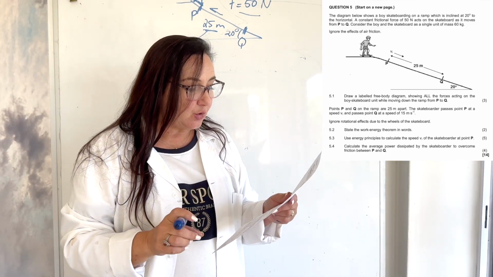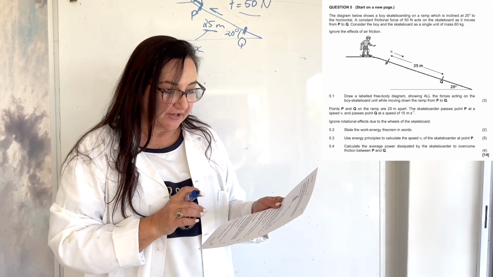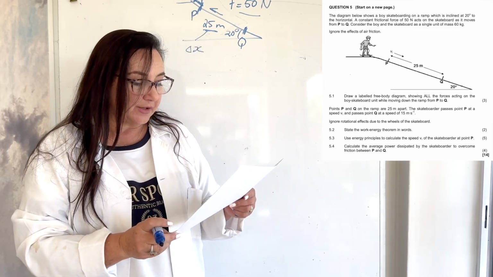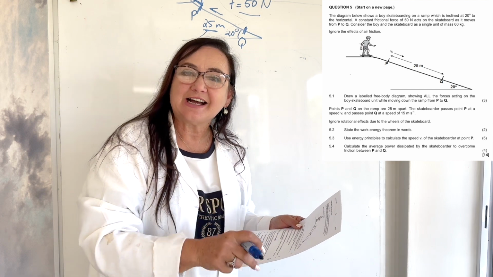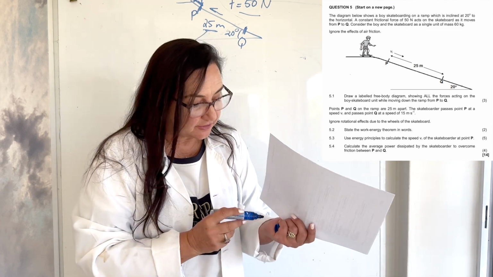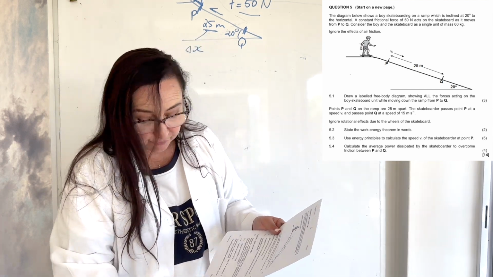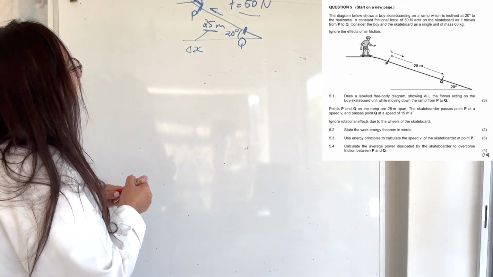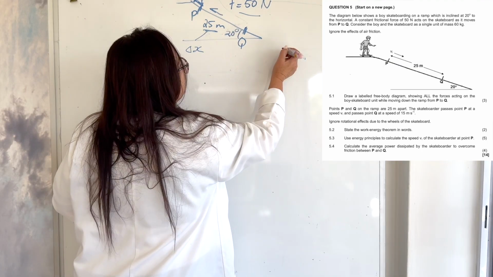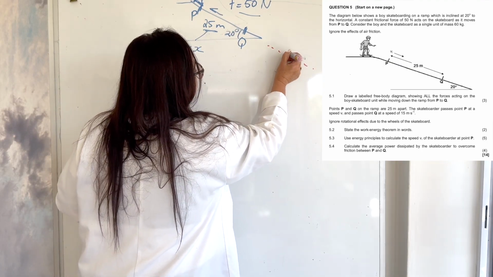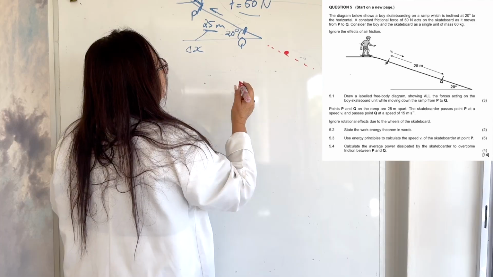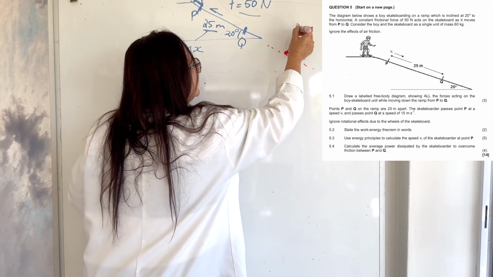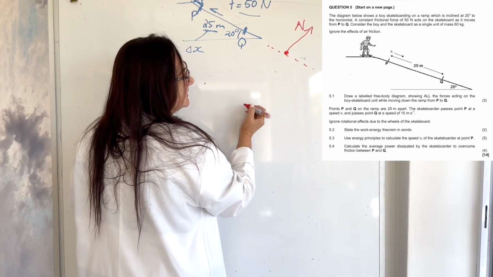Now it says, draw a labeled free body diagram showing all the forces acting on the boy while moving down the ramp from P to Q. So let's have our free body diagram. If this is my slope and that is my boy, then at 90 degrees to the slope I've got my normal force.